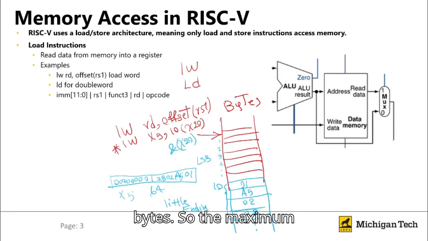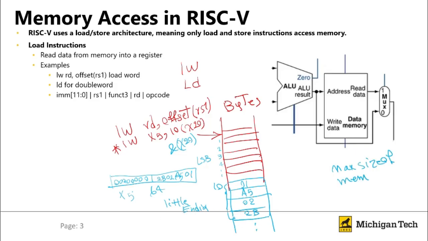So the max size of memory is 2 power 64. 2 power 64 is a lot.